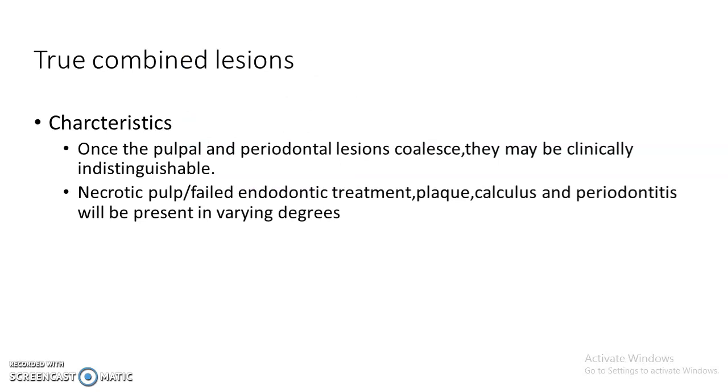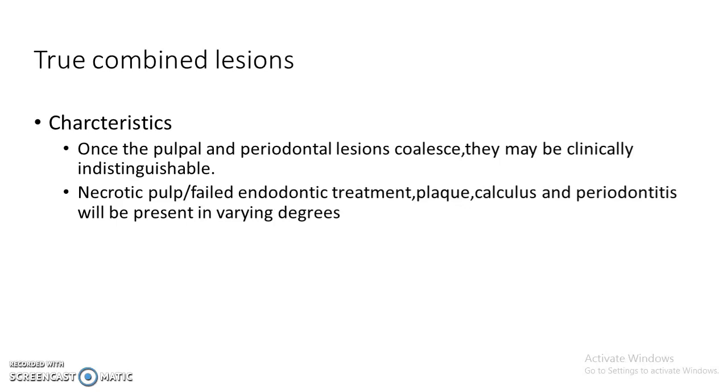Coming to the true combined lesions. Characteristics: once the pulpal and periodontal lesions coalesce, they may be clinically indistinguishable. Necrotic pulp or failed endodontic treatment, plaque, calculus, and periodontitis will be present in varying degrees, with generalized bone loss.